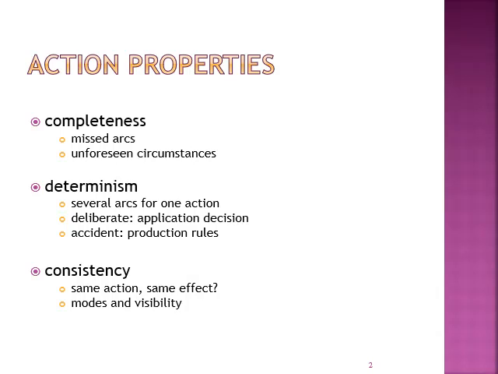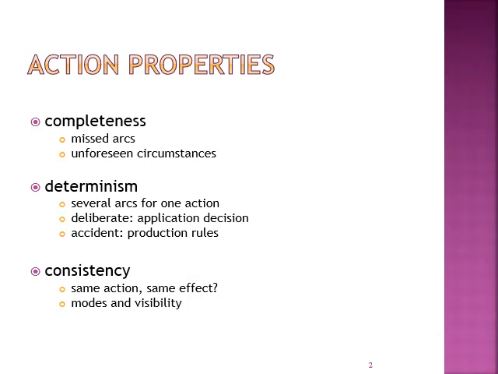The second action property, that is known as determinism, checks if there are several arcs or transitions for the same action. Lack of determinism introduces confusion and affects learnability and memorability, two important components of usability.